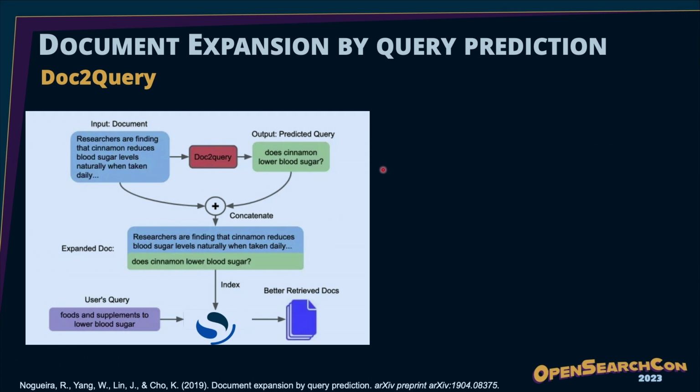Okay, so document expansion by query prediction, doc to query. So basically, what we are trying to do here is take your document and feed it to the model, doc to query. It's a machine learning model, a sequence to sequence transformer, but basically understand that as a function. It's going to go into this function, and the output is going to be a set of queries. It could be 5 or 10 queries, or even a single query.